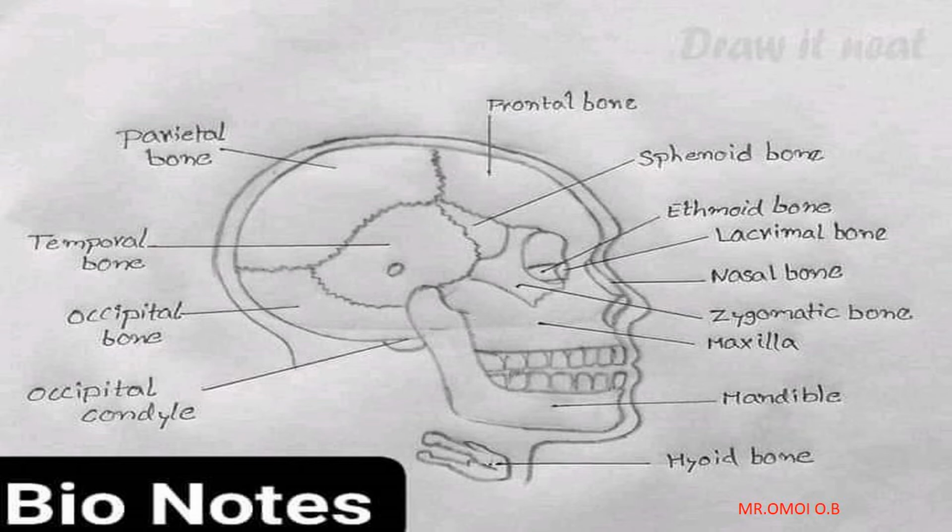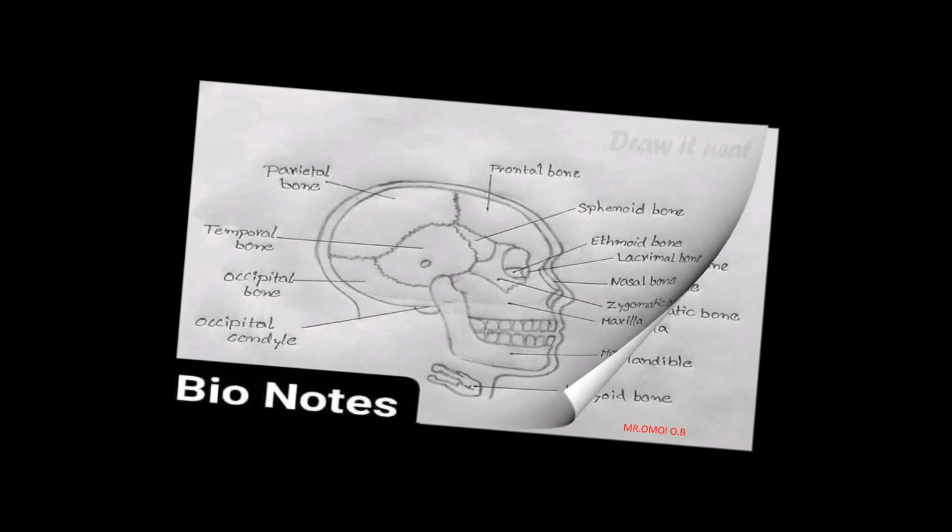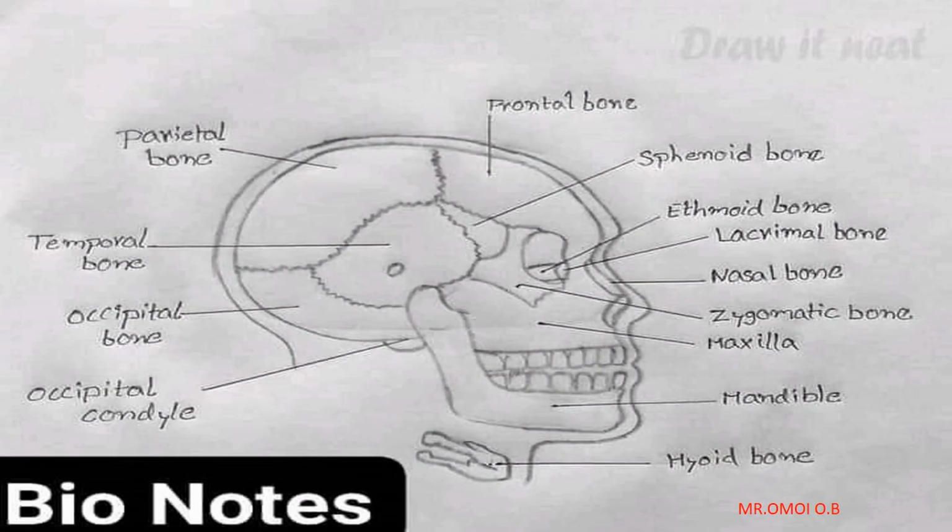Then we have another special bone. If you look at your neck region, for men, we have the Adam's apple, and this one is usually called the voice box. Now the voice box has a special bone which is called the hyoid bone.